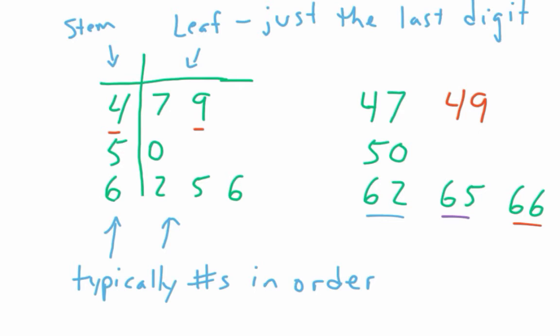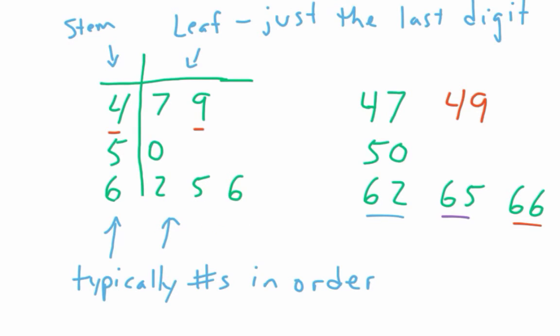So I have 4, 5, 6 going down vertically. Then on the leaf side here on the right, we always try to put the lowest number close to that line there. So 47, the 7 has to come before the 9. 0 would come before a 1, 2, or 3. The 2 comes before the 5, which comes before the 6.